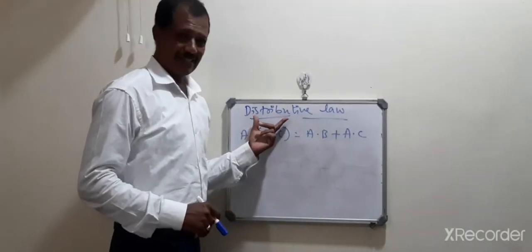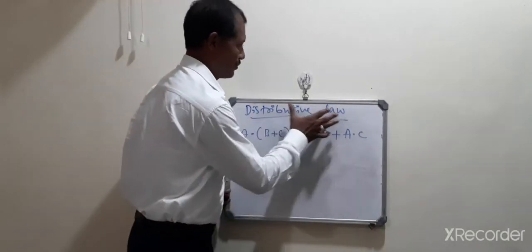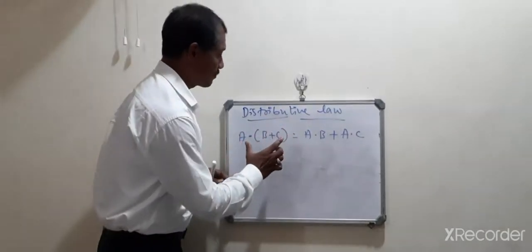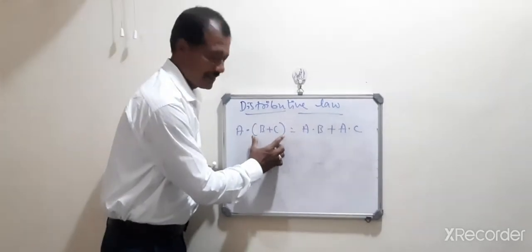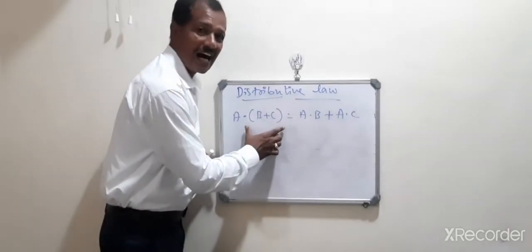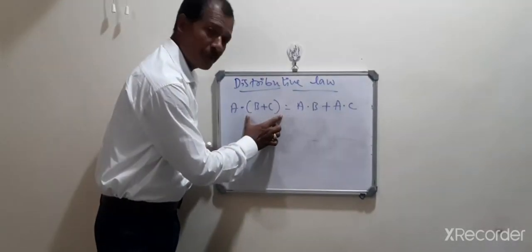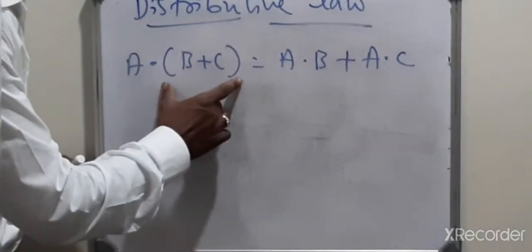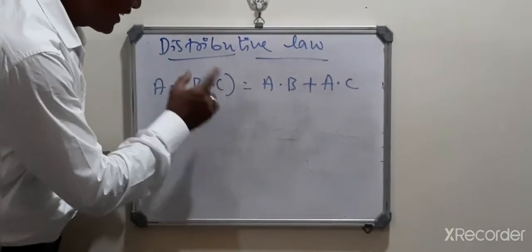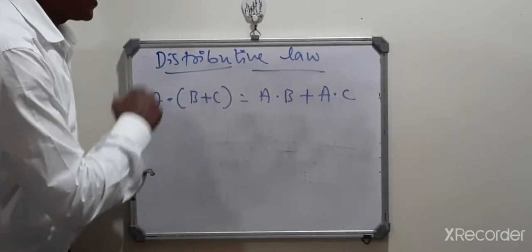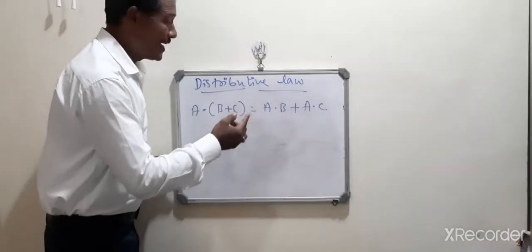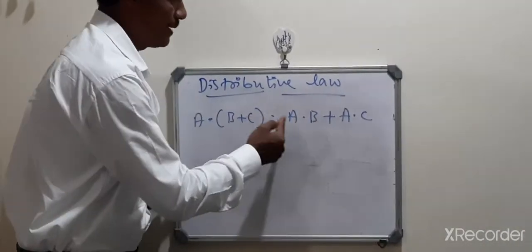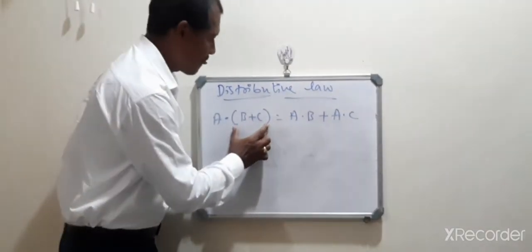So again, the last law, that is the third law, is the distributive law. What the distributive law states is that if the number of variables are ORed, this ORed group is ANDed with a single variable, which is equal to ANDing of that single variable with each of the variables present in the group, and then ORing them.